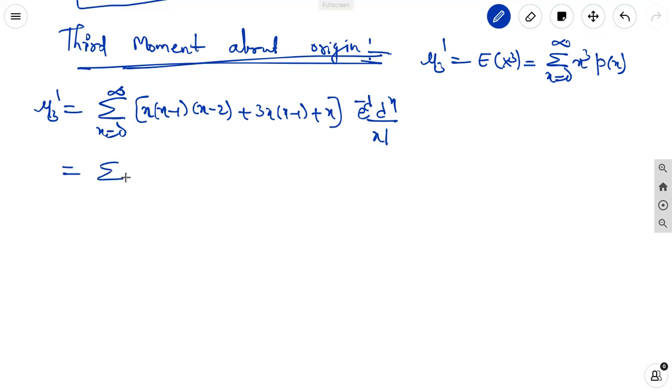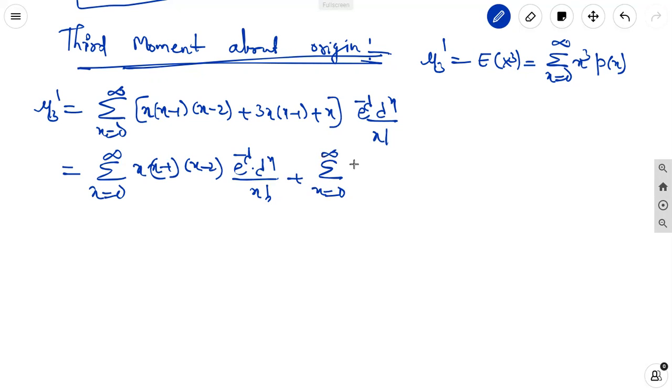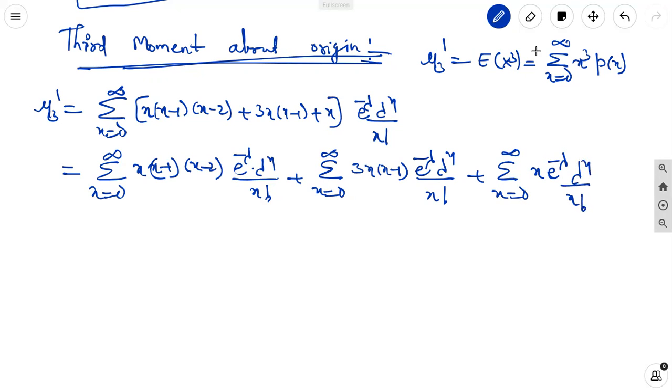Now we can split into three terms. Summation x equal to 0 to infinity x into x minus 1 into x minus 2 into e power minus lambda, lambda power x by x factorial, plus summation x equal to 0 to infinity 3x into x minus 1 e power minus lambda, lambda power x by x factorial, plus summation x equal to 0 to infinity x e power minus lambda, lambda power x by x factorial.